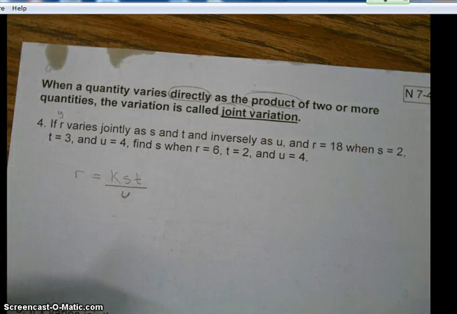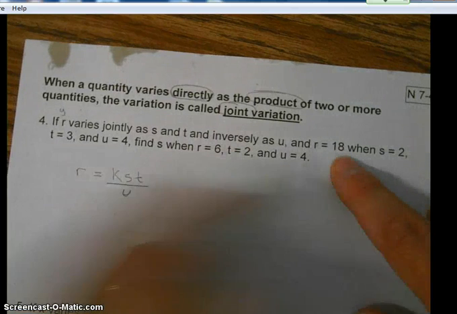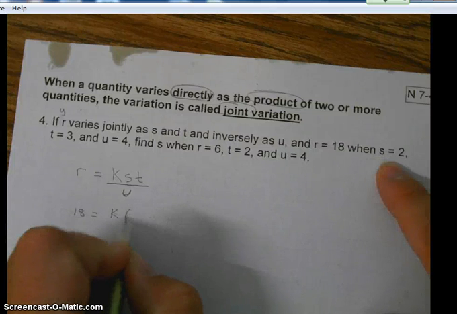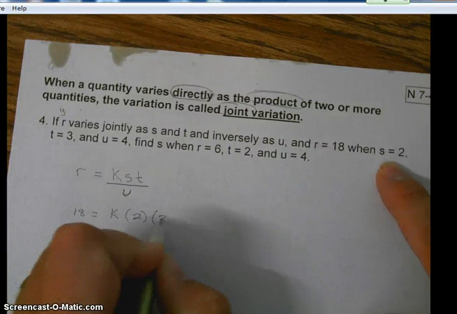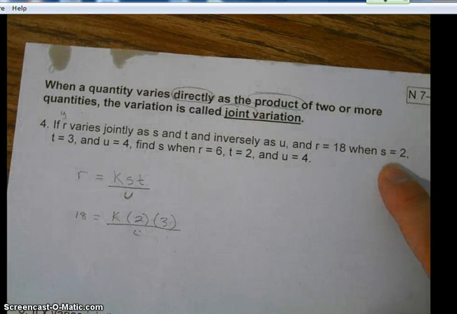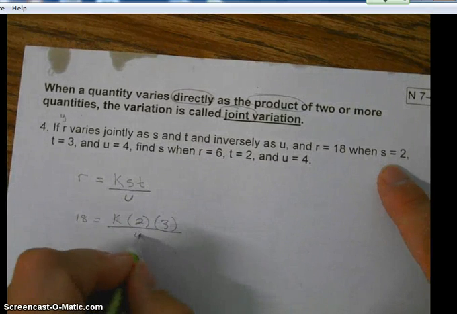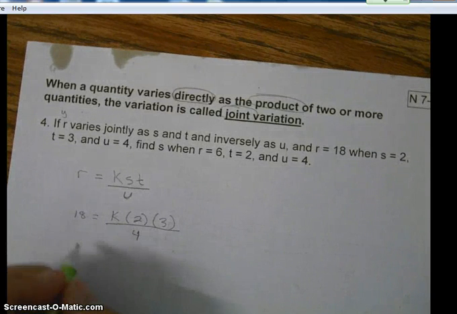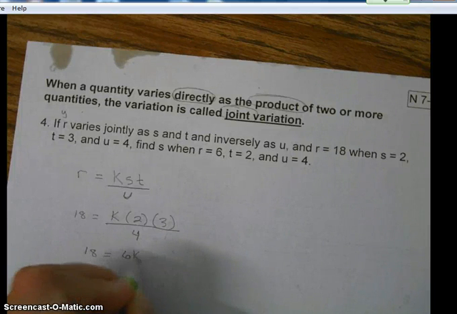Okay, so let's plug in the numbers. So r is 18, s is 2, t is 3, and u is 4. So we're trying to find out what k is. So we're going to have 18 equals 6k over 4.